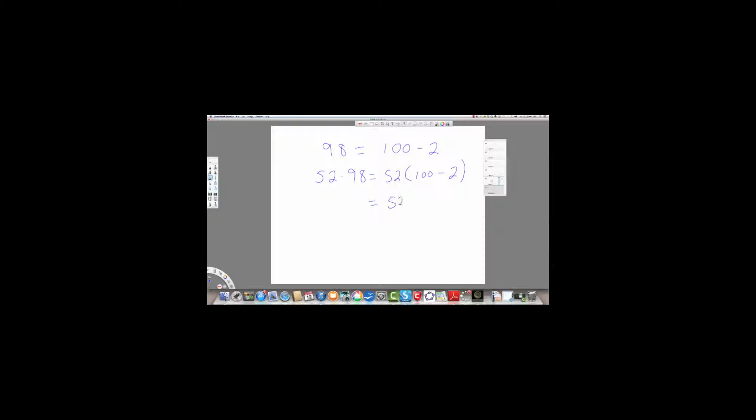That's 5200 minus, well, 2 times that is 2 times 2 is 4, 104. And here we go is 5,096. Answer. So that's just a real quick about why we might want to use the distributive property, how you might already be using it, and ways you can set up problems using it. Now let's carry on with the lesson itself.